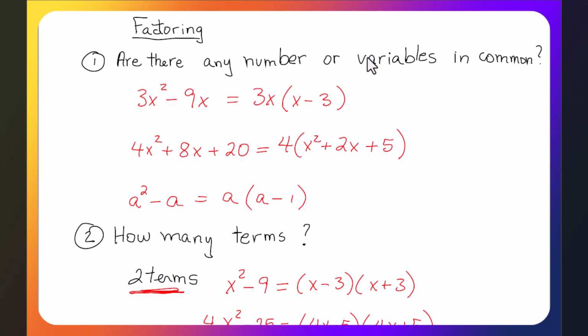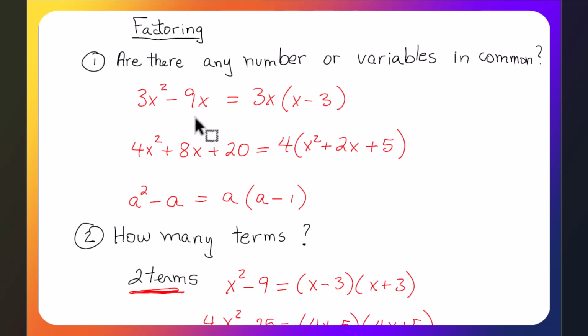Alright, in this video, we're going to talk a little bit about factoring. So when you look at something to factor, the very first thing you should look at is, are there any numbers or variables in common all the way across? If you look at this very first one here, you have 3x squared minus 9x.